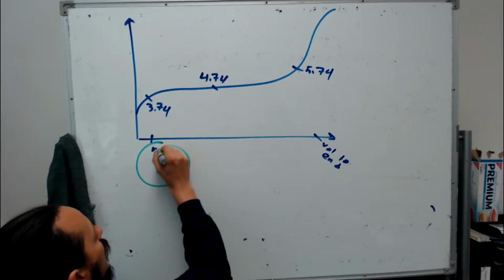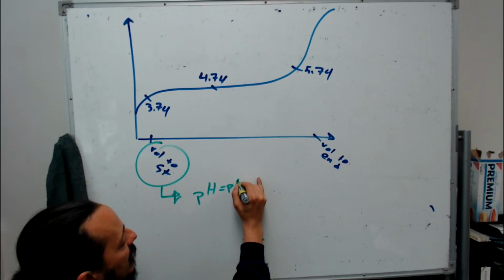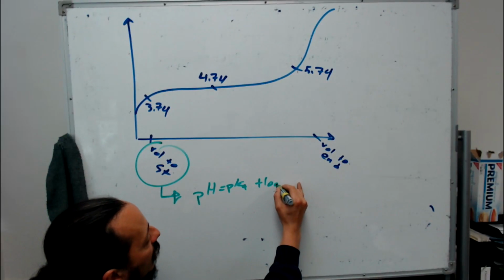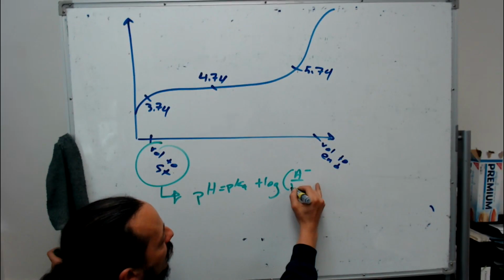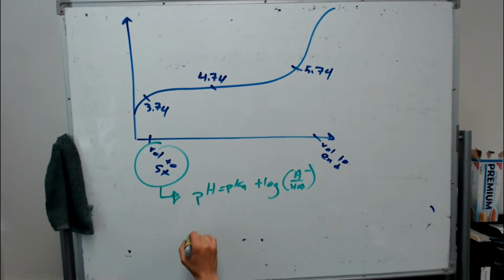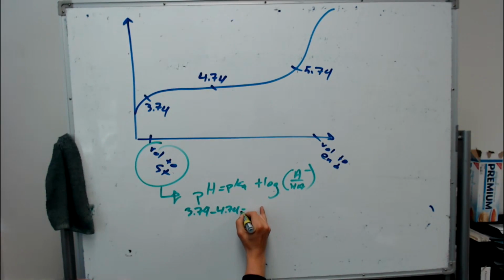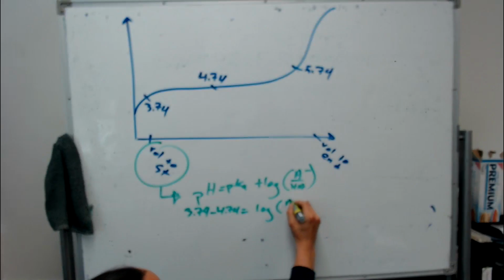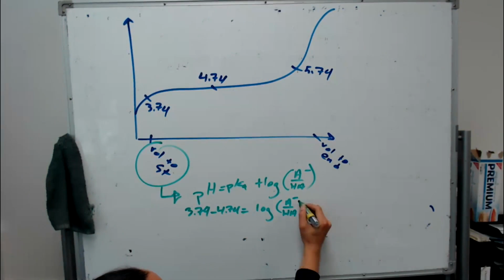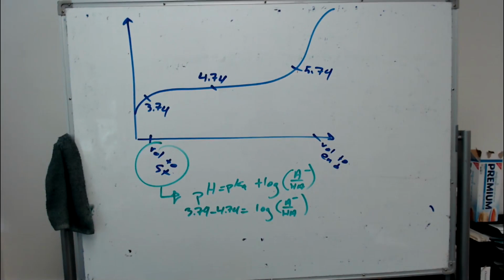So if we're doing the volume to the start, we are going to do pH equals pKa plus log [A minus] over [HA], concentrations. I know my pH is 3.74. I know my pKa is 4.74. That's log of A minus over HA. 3.74 minus 4.74?